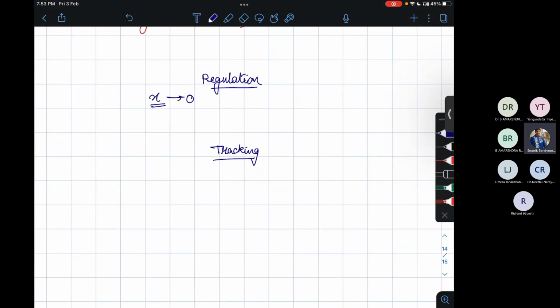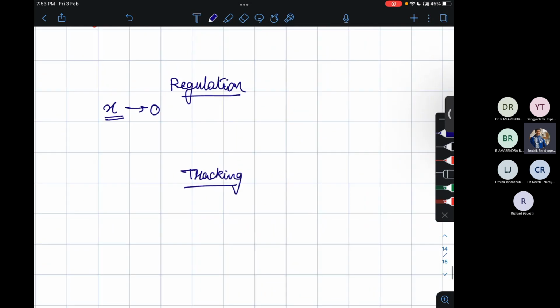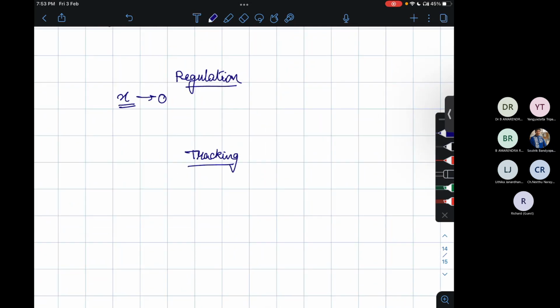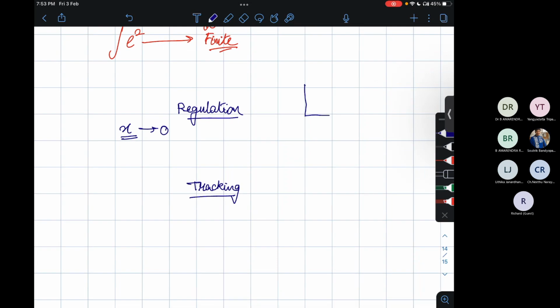So there is a regulation problem and there is a tracking problem. In regulation problem, let's say you have some state space representation. Let me give you an example to consider. Suppose you have a block which is attached to a spring, and there is a friction acting on it. So this is the famous mass spring damper system.